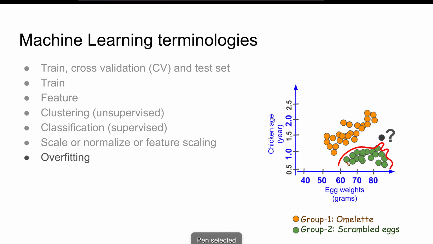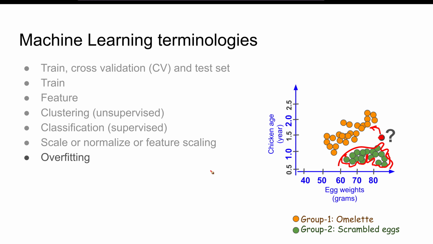It's trying to find the margin so close that it's overfitting. So this particular point, although we know that it's closer to the green, could get assigned by mistake to the other group, and that's the kind of error that could be due to overfitting. This needs to be avoided, and we'll talk about that in future videos.